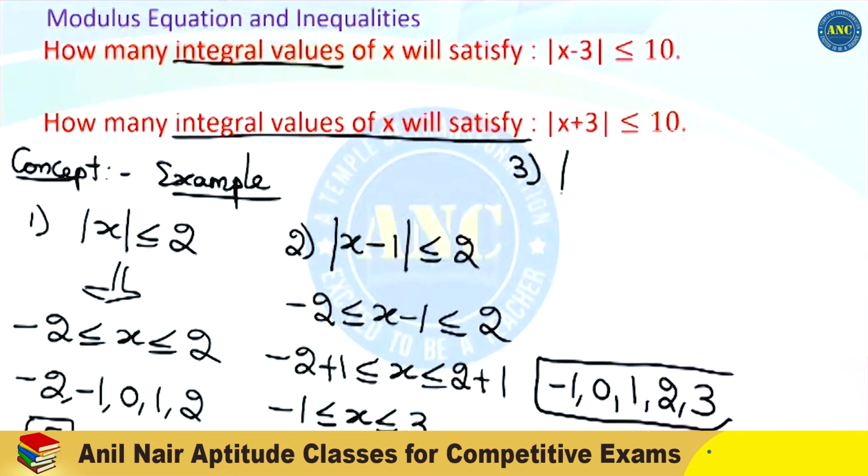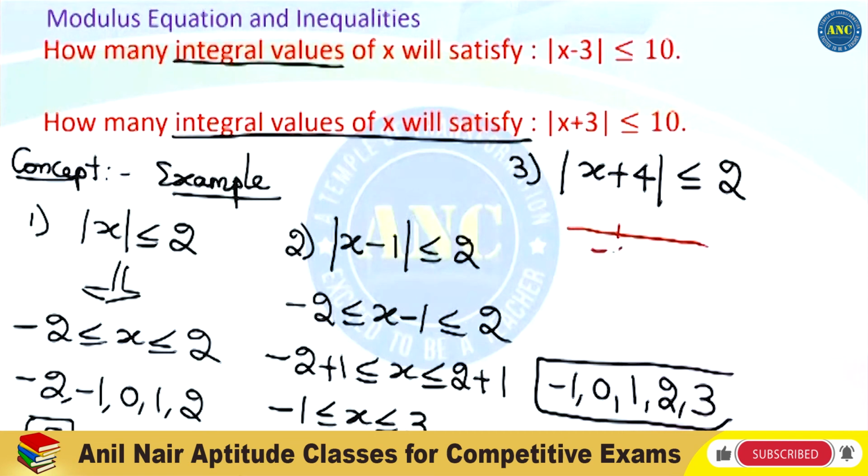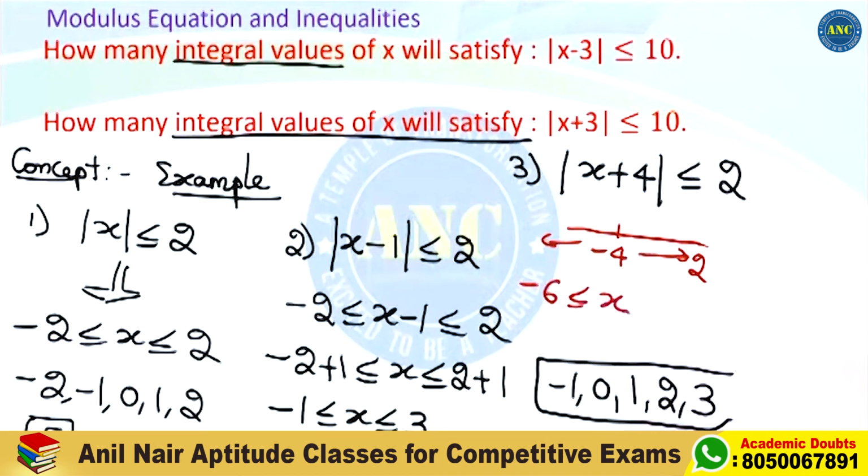Suppose the question is mod x plus 4 less than or equivalent to 2. The idea is to tell you the shifting of the graph. Here x is at the point minus 4, 2 units forward, 2 units backward, so minus 6 less than or equivalent to x less than or equivalent to minus 2.